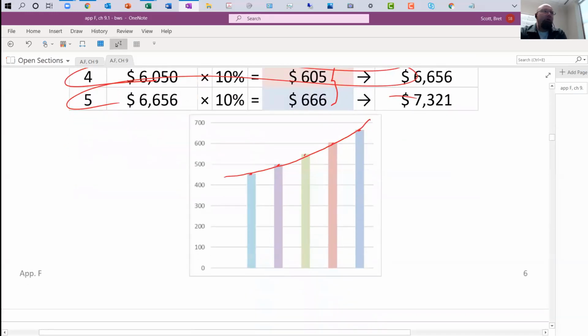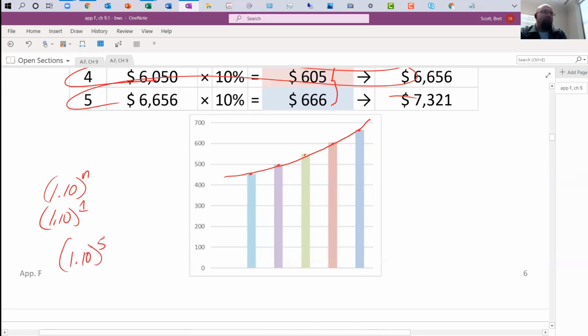So the rate of return may be 10%, but that's on a period by period basis. We said it was 1.10 to the power n. If we just want to know the effect of one period, we just raise it to the 1. But if we want to know what the value is over time, we have to raise it to the 5th power.